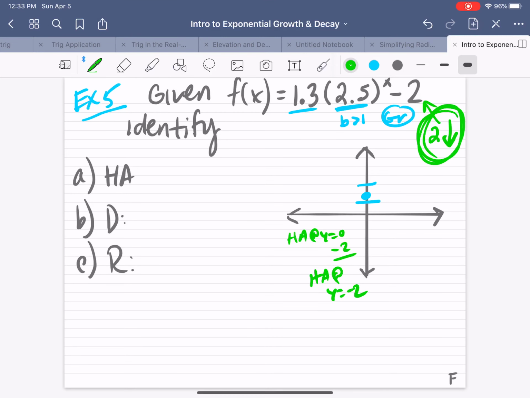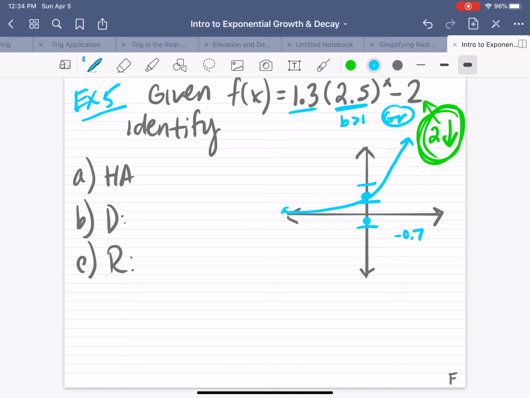So let's go back to our graph. So let me graph both for you. So without the transformation, here's the graph, but then we're going to shift that 2 units down. So remember, 2 things are going to change. The y-intercept is now at -0.7, so that's right here.